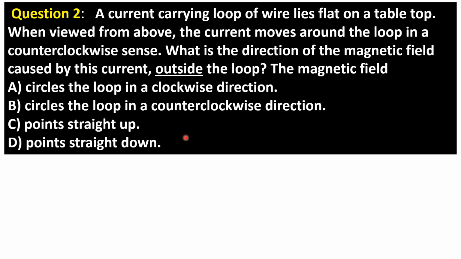So we can imagine that the current is moving through this circular loop. This loop is carrying a conventional current, and it is specified that such direction of the current is counterclockwise. So we need here an illustration again.